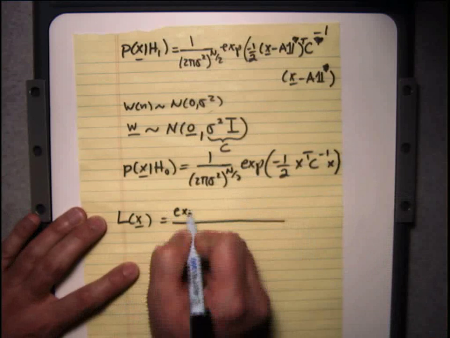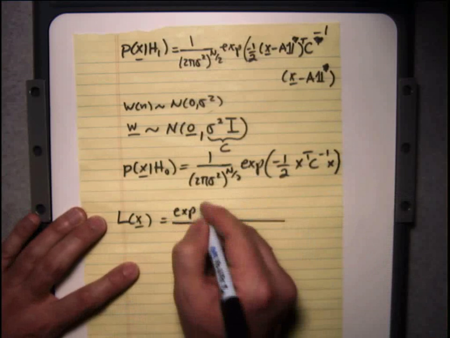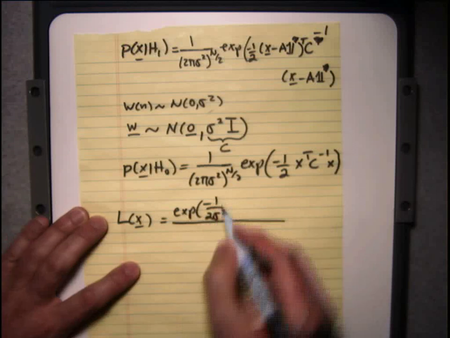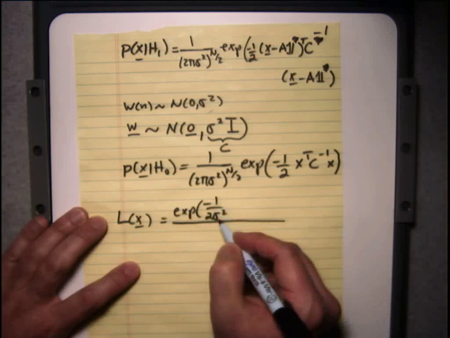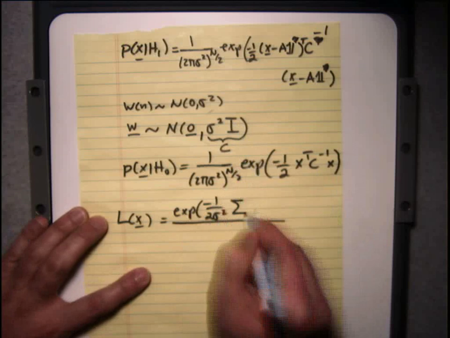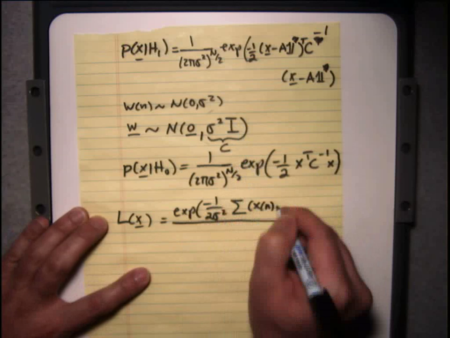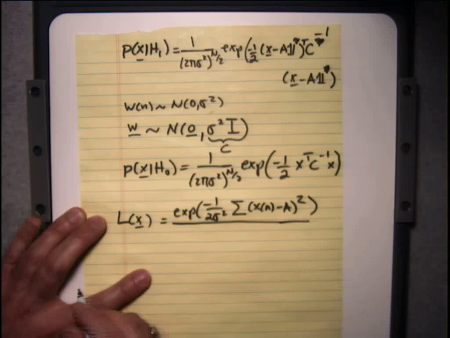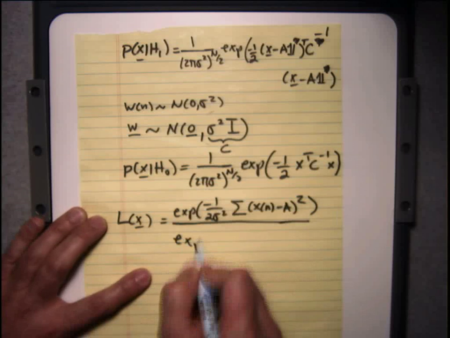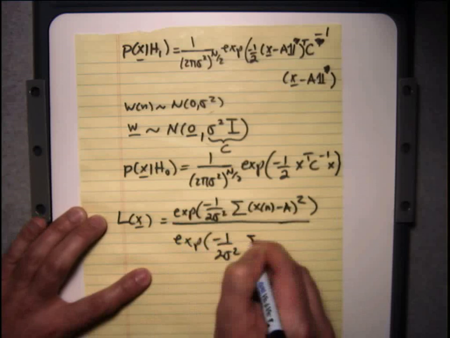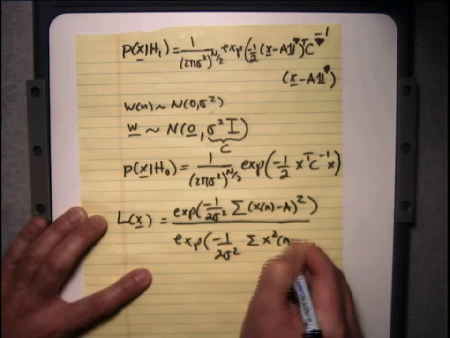So this is the exponential of minus 1 over 2 sigma squared. This minus 1 over 2 sigma squared comes from the inverse of this covariance matrix, times the sum of (x of n minus a) squared. And the denominator, the exponential of minus 1 over 2 sigma squared, the sum of x squared n.